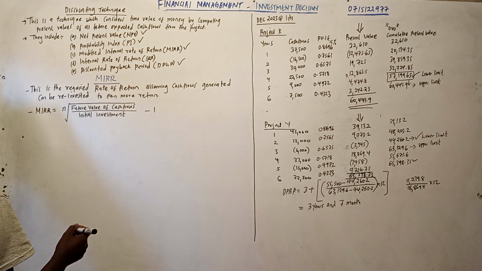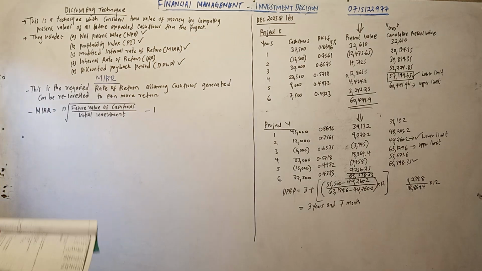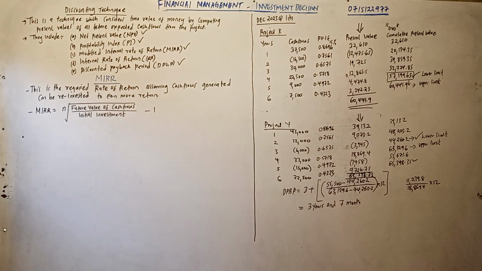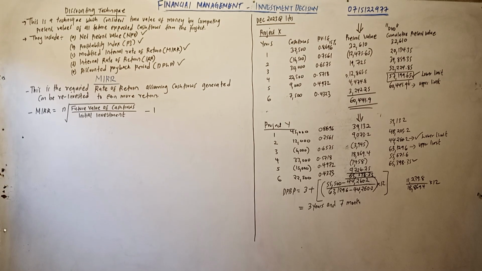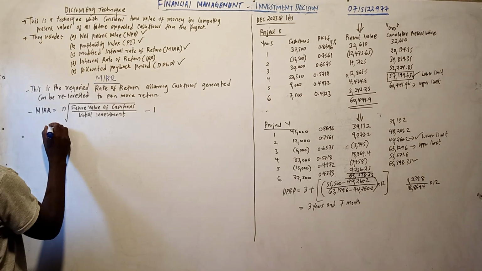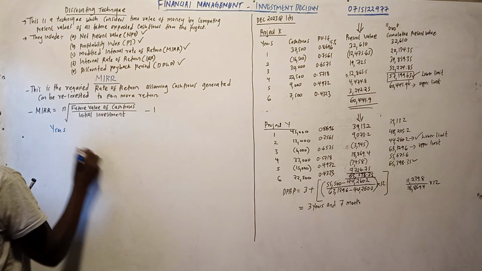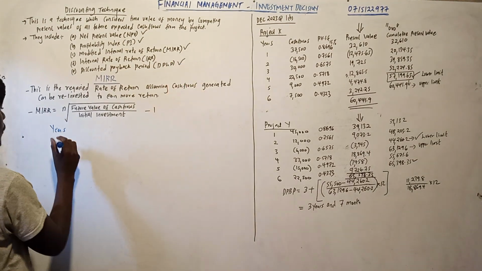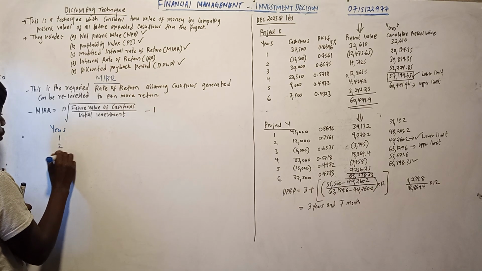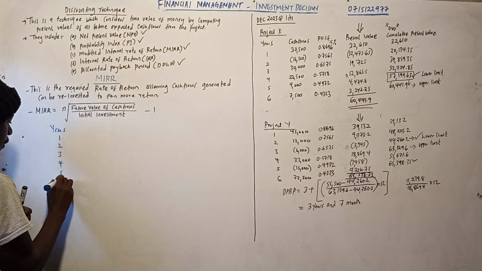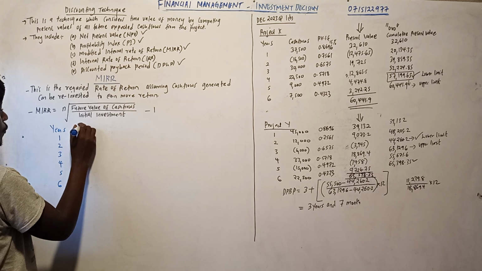So I think haina mambo. Do you remember how to compute the future value? So we need to compute the future value. So we have our years. This one requires a new working. Remember, we are still doing the equation for December 2023. So 1, 2, 3, 4, 5, and 6. Then we have our cash flows.